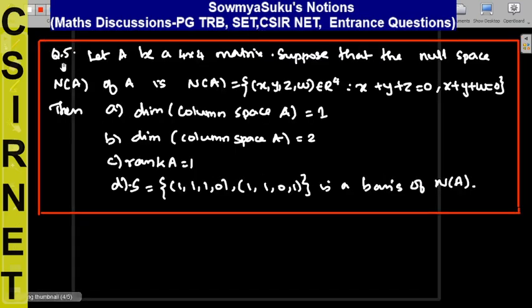Next question. Question number 5. Let A be a 4 by 4 matrix. Suppose that the null space N(A) is equal to the set of all (x, y, z, w) belongs to R4 such that x plus y plus z is equal to 0, and x plus y plus w is equal to 0.